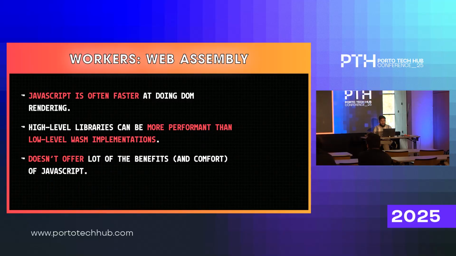Because to this date, JavaScript tends to be faster at DOM rendering. And also, WASM doesn't offer a lot of the benefits and comfort of JavaScript, and I mean actual developer experience. People are more seasoned writing browser code, JavaScript code, than they are writing C++ or Rust and compiling that to WASM.